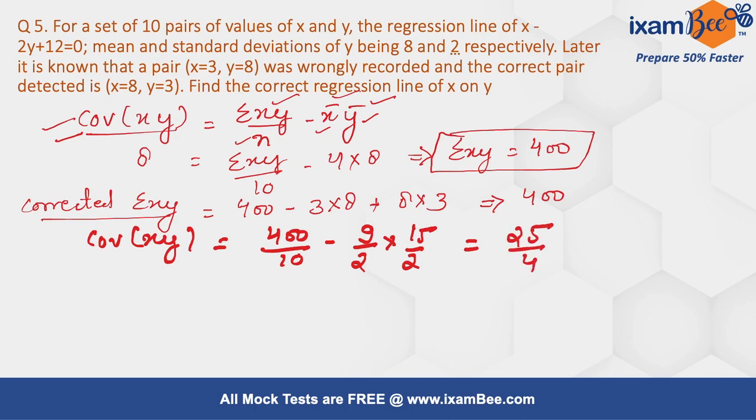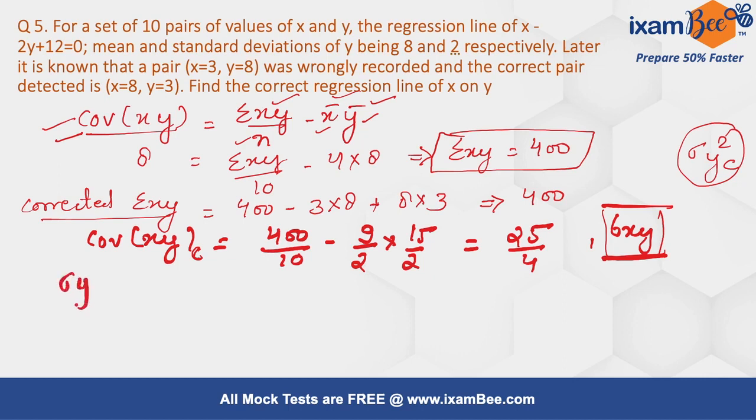Another thing that we have to find is the value for corrected regression coefficient. Now we have the value for corrected xy. Once we find the corrected value for standard deviation, we can easily find the regression coefficient. So let's see how to find the corrected value for standard deviation of y.